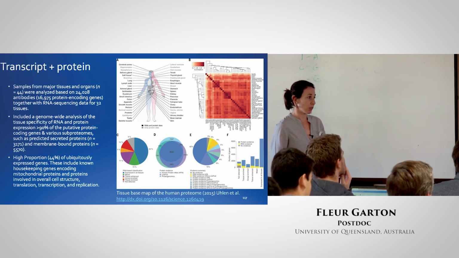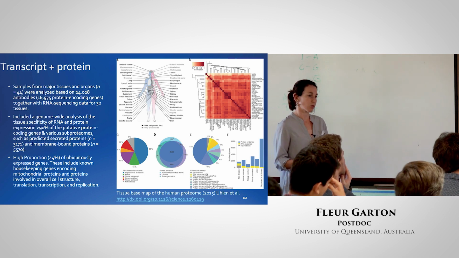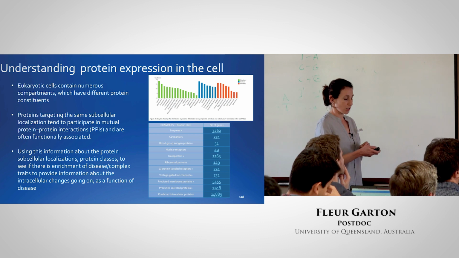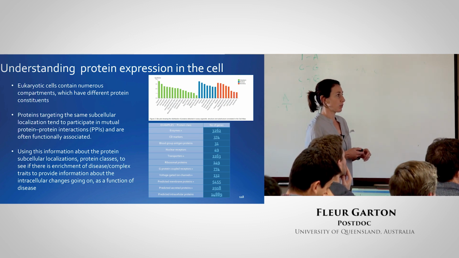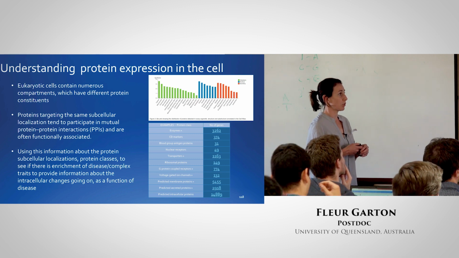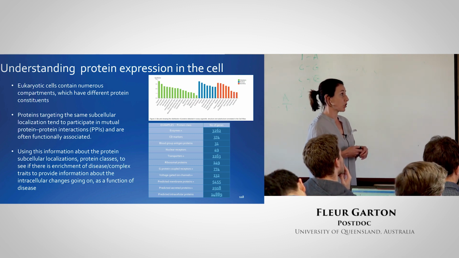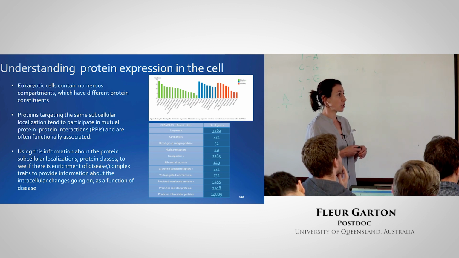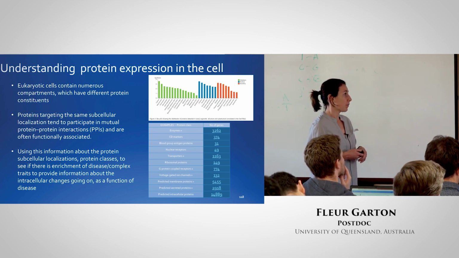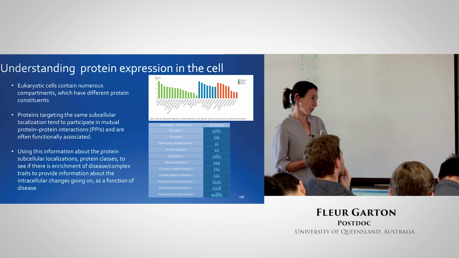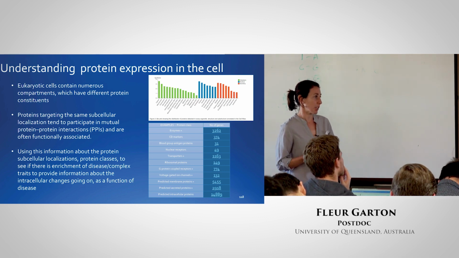This data has been merged, so they're looking at both transcript and protein levels in a whole lot of different tissues, and this is a nice paper that does both, so it's a huge amount of work. They've looked at 16,000 protein coding genes together with RNA-seq data for 32 different tissues, and they've included a genome-wide analysis of tissue specificity of the RNA and the protein expression.